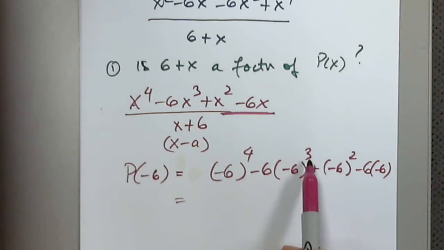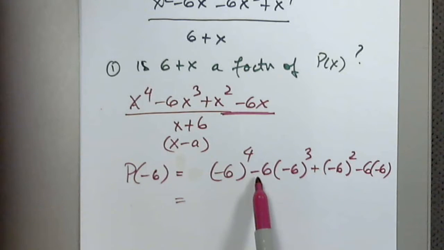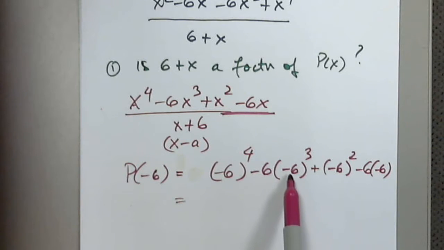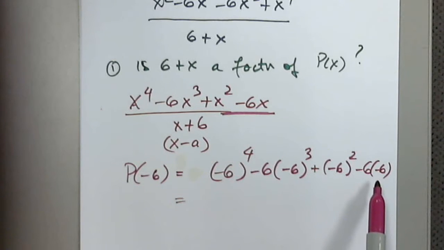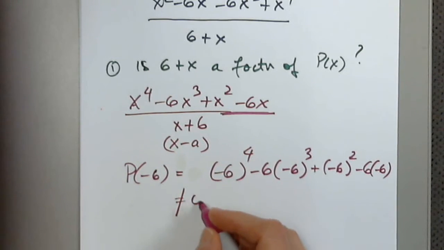This is negative 6 to the 3rd, which will be negative, plus another negative 6. So this will be negative, this will be negative, is negative, right? So it's 6 to the 4th plus 6 to the 4th. And this one is 6 to the 2nd power, 36 plus 36. I don't care for the number, but I know it's not going to be 0.